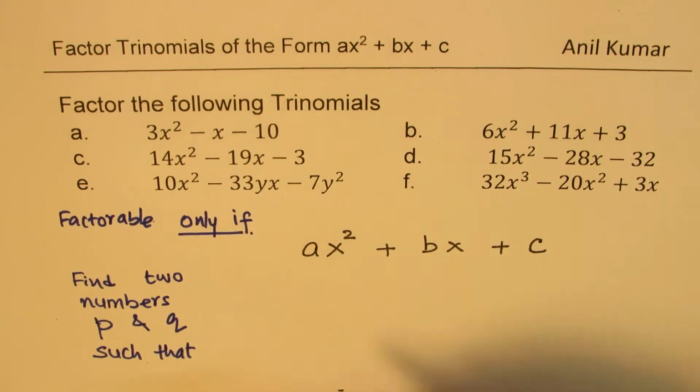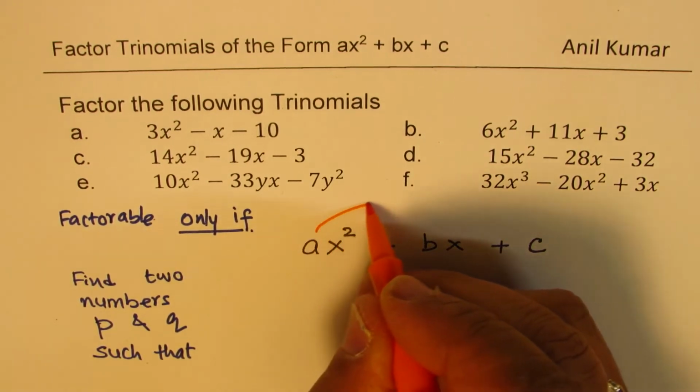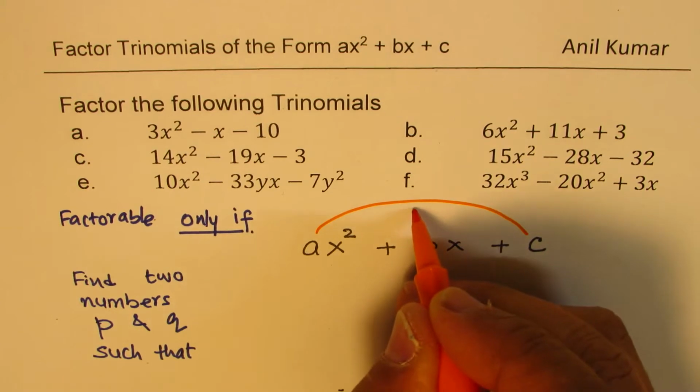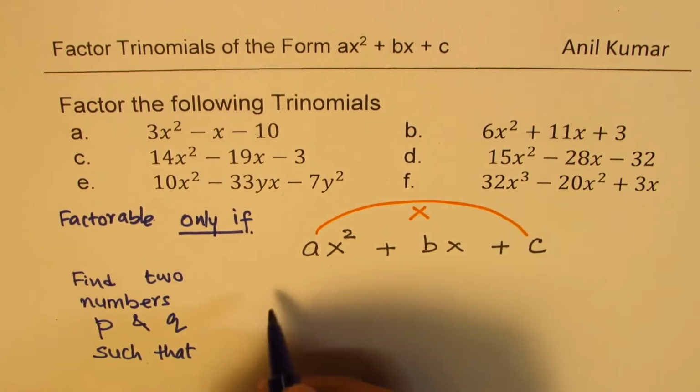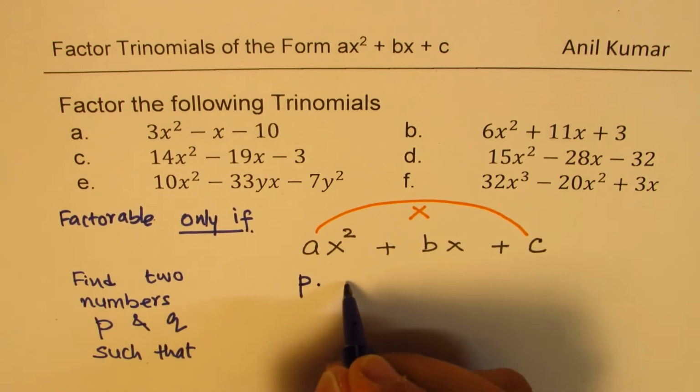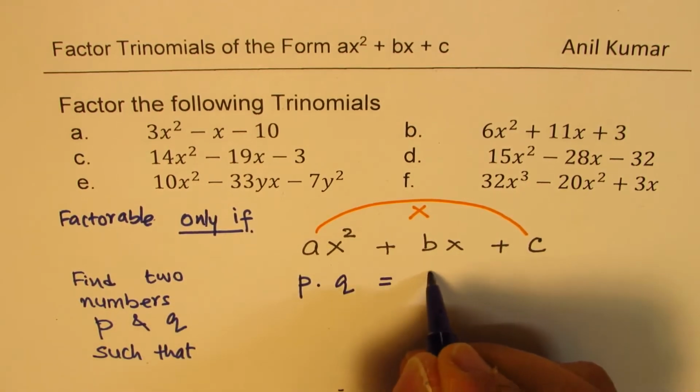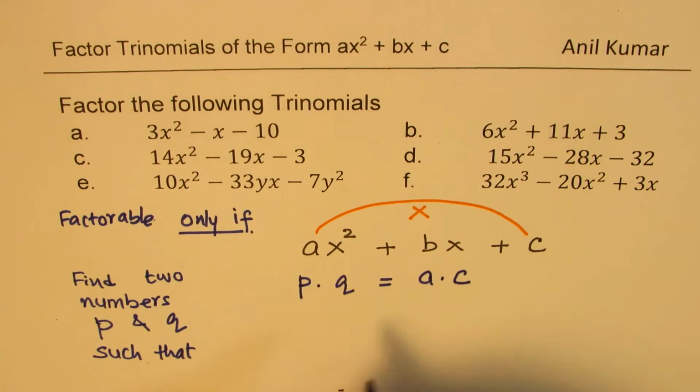So we are looking for two numbers p and q such that p times q is equal to a times c.